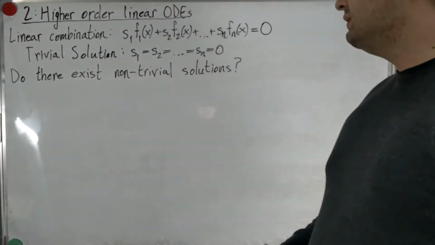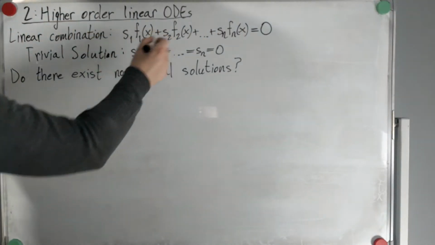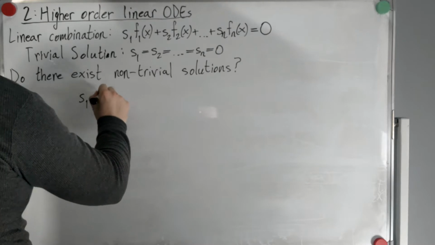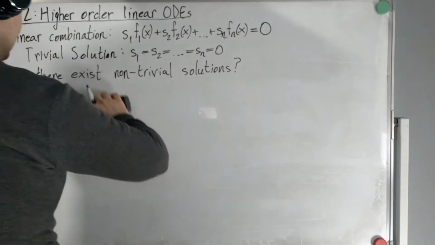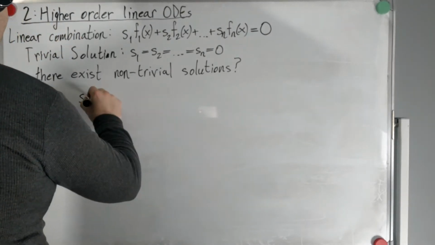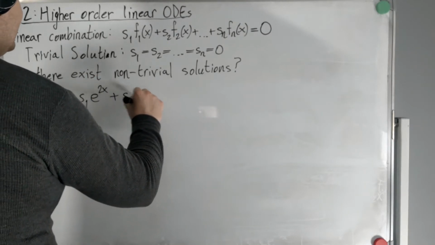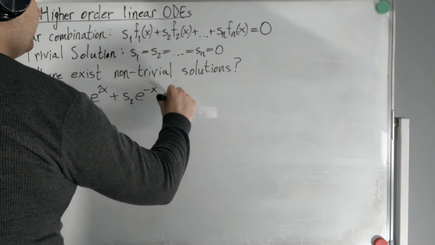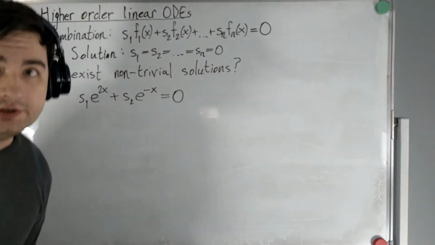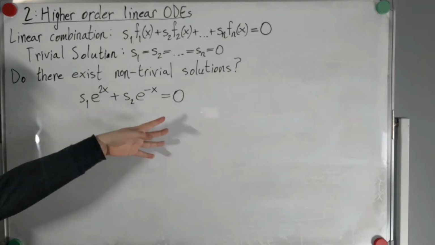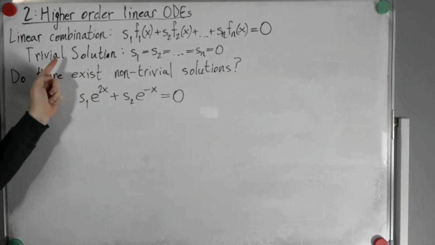For example, take the linear combination s1 times e to the 2x plus s2 times e to the negative x equals 0. Turns out that there are no values of s1 and s2 that would make this true for all values of x, except the trivial solution.